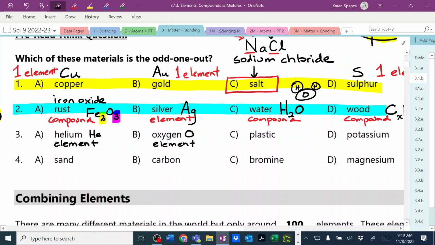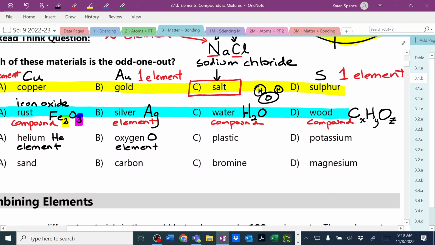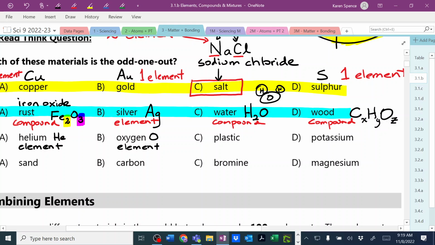And plastic, and this is going to be weird, it is C something, H something, O something. Okay?